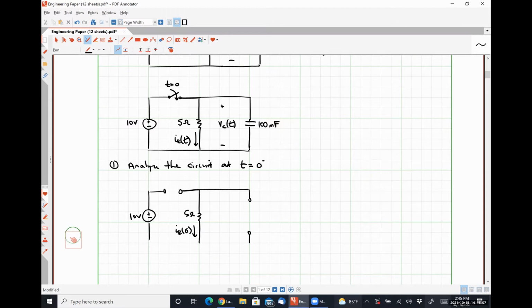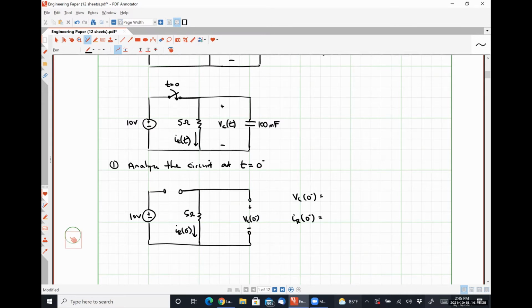Since before the switch closed, we are at DC steady state. I'm replacing my capacitor with an open circuit. And I am trying to figure out what this quantity VC at 0 minus is, as well as this quantity IR at 0 minus.